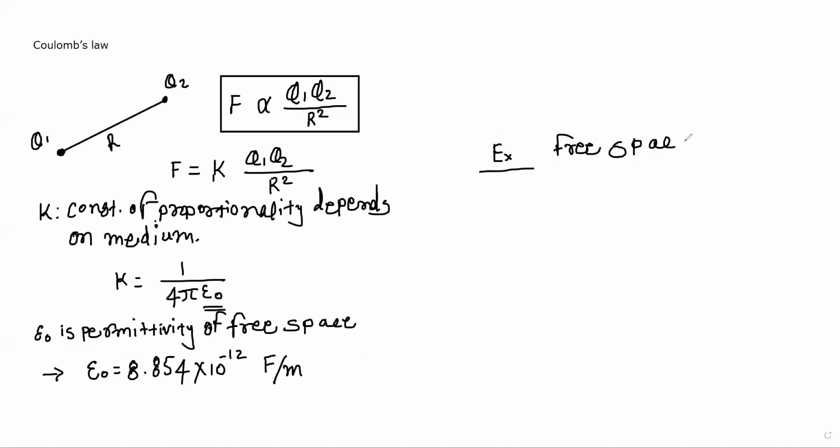They will assume either a free space condition, in which you have to assume the value of epsilon naught, which I have written here, or they may give you some medium 1. In that case, you will be provided with the value epsilon 1.